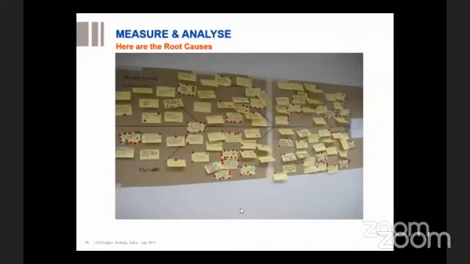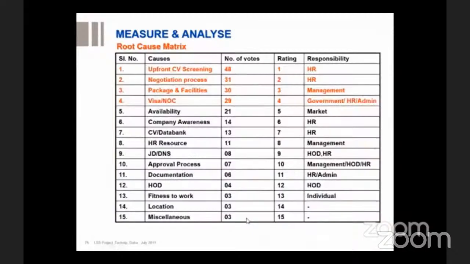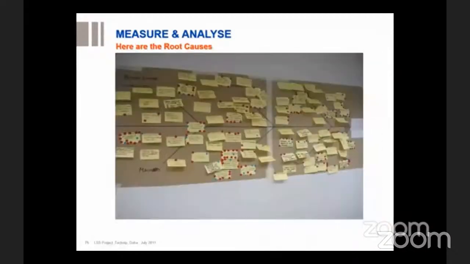Nominal group technique. Nominal group technique means you tell the people to assign red dots. So I give you 10 dots, everyone receives 10 dots, and distributes them whichever way, to whichever cause you feel is very important, more important. If you feel too much importance about a cause, then you can give 2 to 3 dots to that.